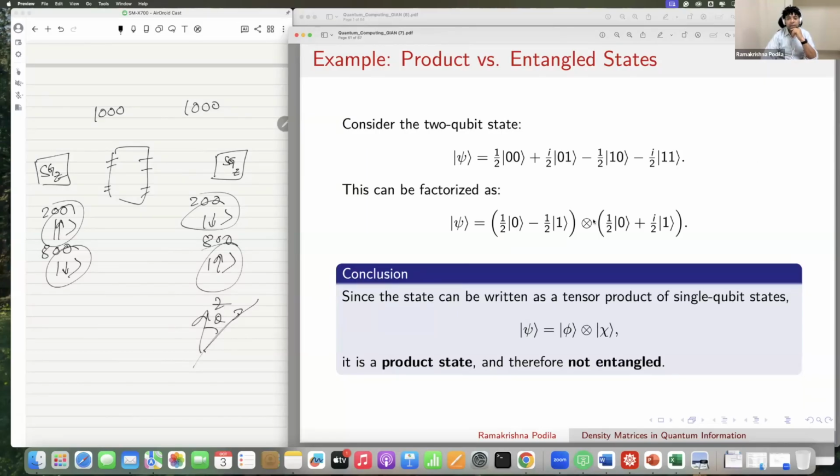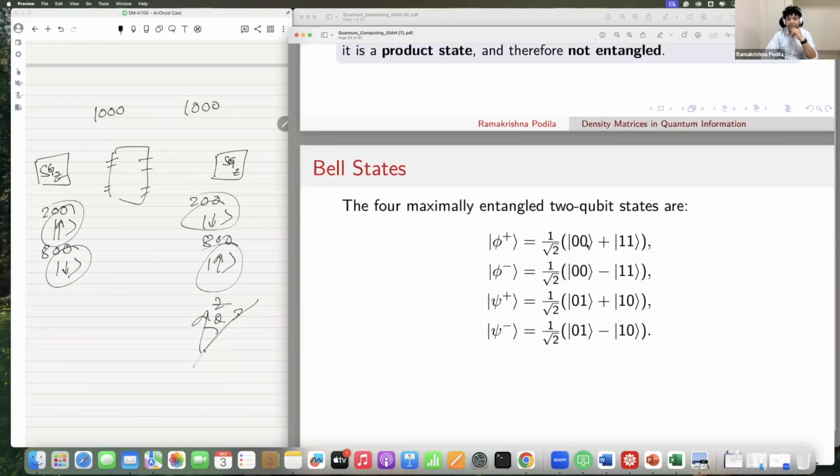Okay, good. But if we have a Bell state like this, that is, I have 0, 0 or 1, 1, then I cannot express these as a product state. Another way to look at this is I would encourage you to derive the density matrices for these states. For example, you can derive the density matrix for this phi plus state. These are called Bell states in honor of John Bell.